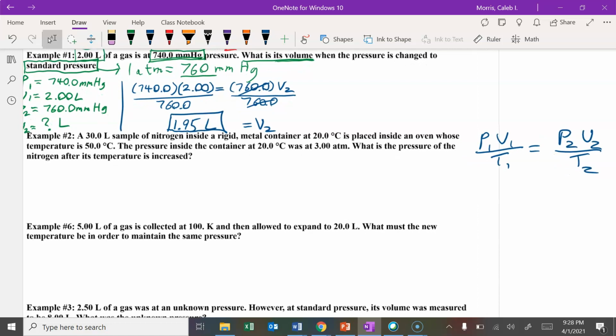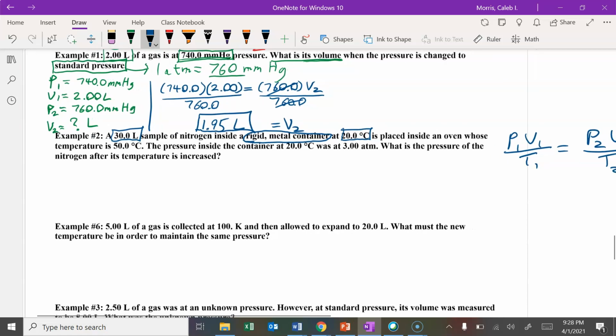Let's read the question. I have a 30.0 liter sample inside a rigid metal container. Now wait a second. Rigid metal container. We want to know what that means. Rigid means volume does not change easily. It's at 20.0 degrees Celsius. It's placed inside an oven whose temperature is 50.0 degrees Celsius.